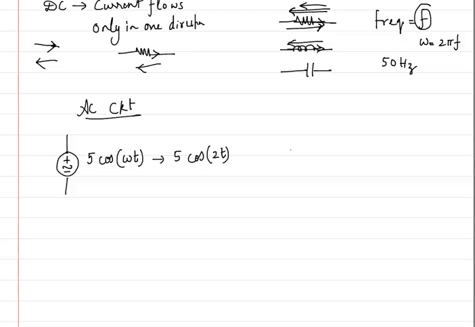You should be able to say that if omega is equal to 2 and omega is equal to 2 pi f, therefore f will be equal to 2 divided by 2 pi, or 1 by pi.